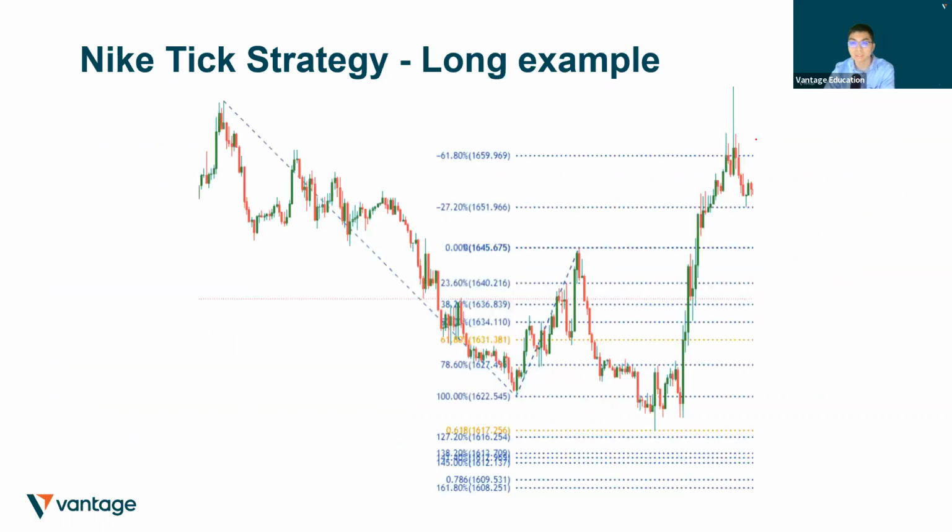So this is another long example. I drew the projection from here, here, and here. So we get the 61.8% Fibonacci projection line. Next, drawing a Fibonacci line from here to here, we get a 127.2% Fibonacci extension line.